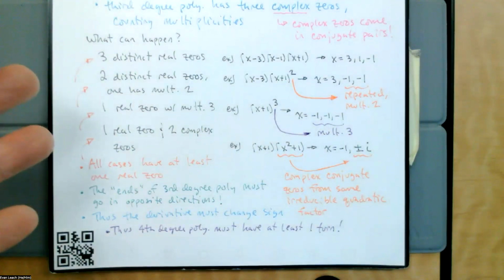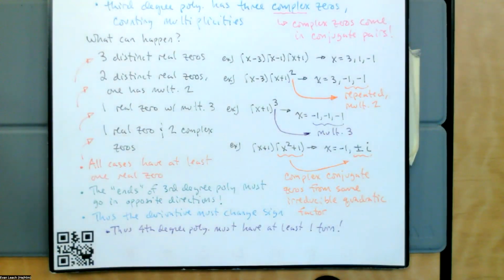We got these four cases of real zeros. Let's draw pictures of the derivative and then use the derivative to draw possible fourth degree polynomials.